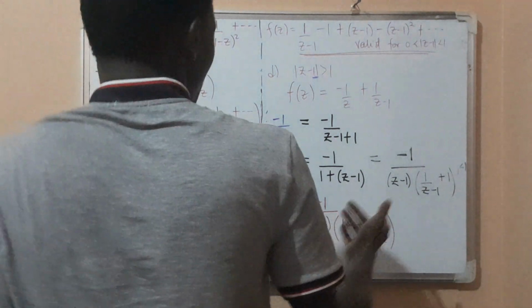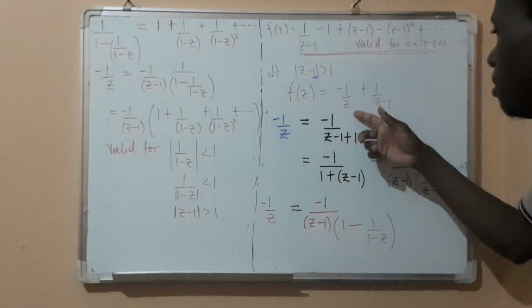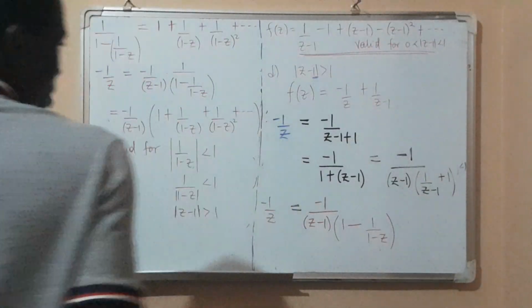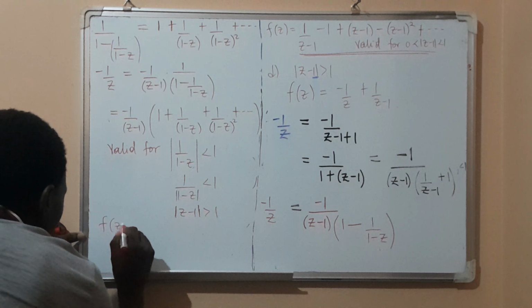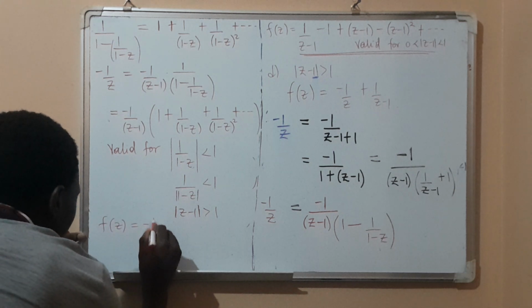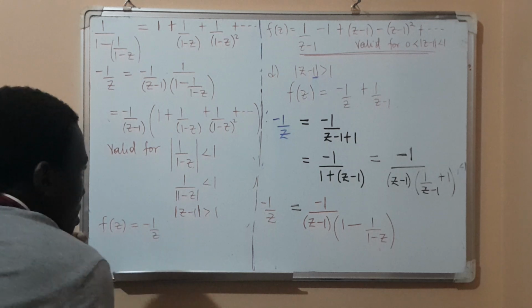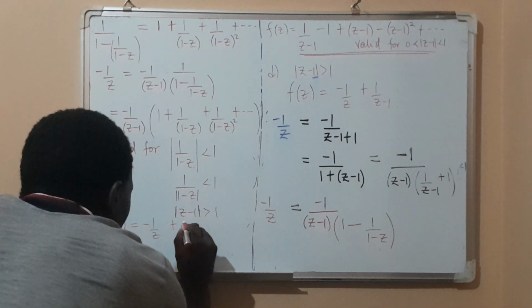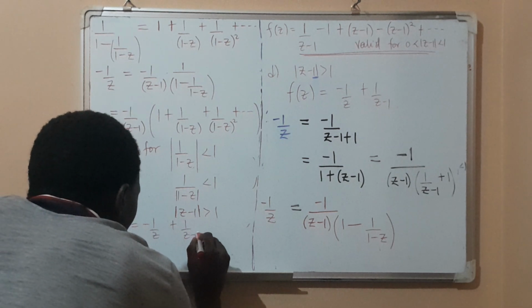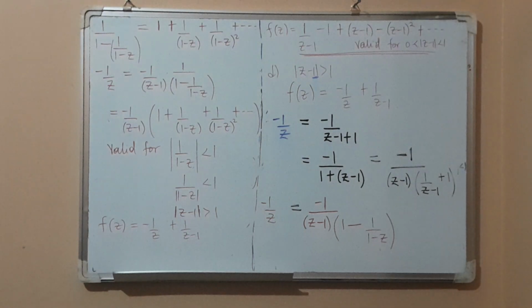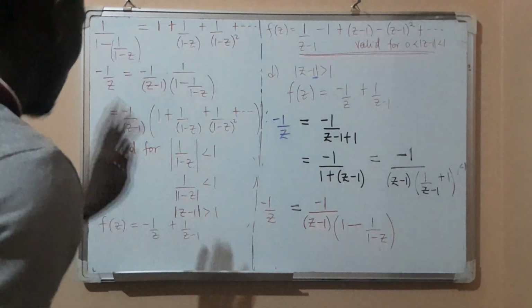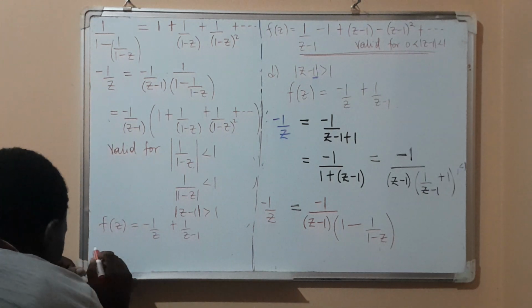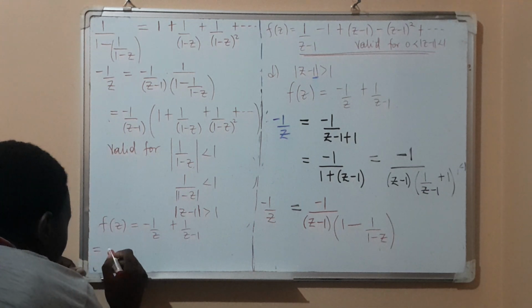What next now? I can substitute back in my function. So f of z was negative 1 over z plus 1 over z minus 1. Negative 1 over z is here; 1 over z minus 1, we said that we shouldn't tamper with that.